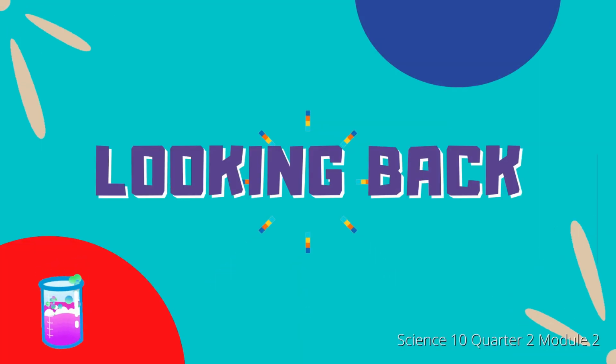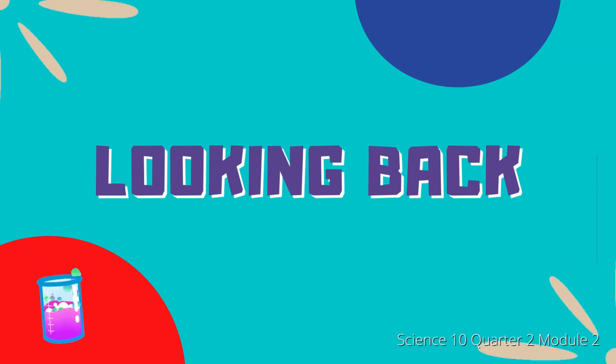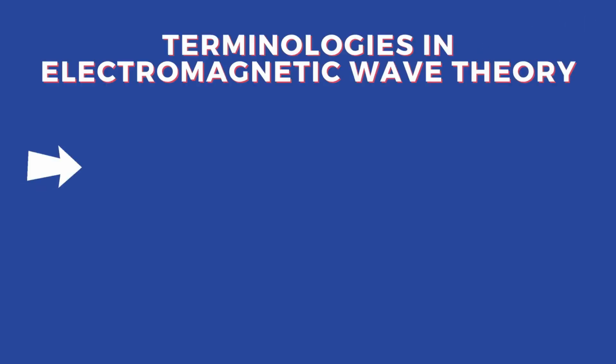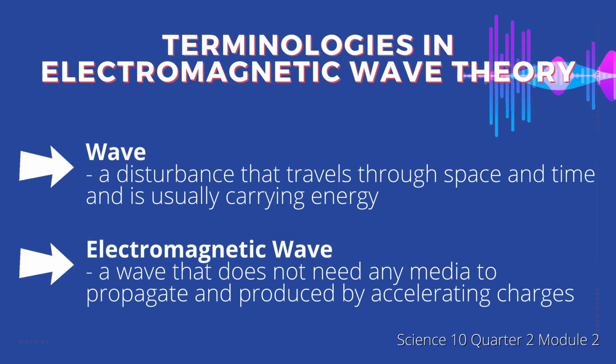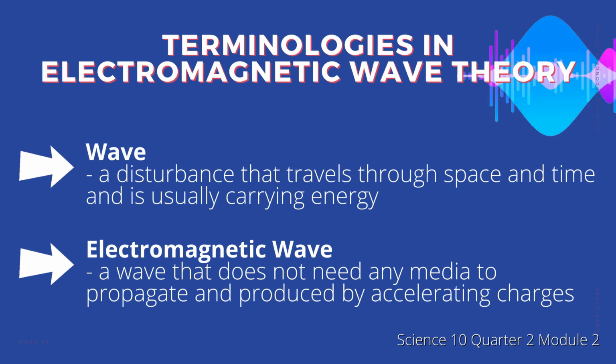Looking back, let us review some terminologies related to last week's video module. Grade 10, these are the terminologies in electromagnetic wave theory. Wave. It is a disturbance that travels through space and time and is usually carrying energy. Electromagnetic wave.